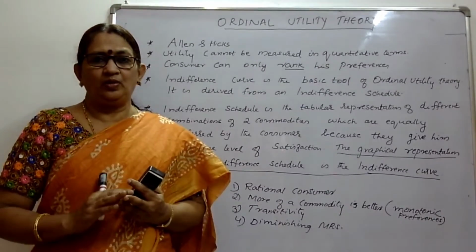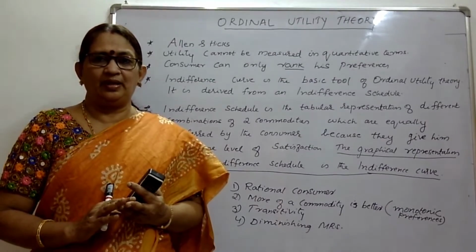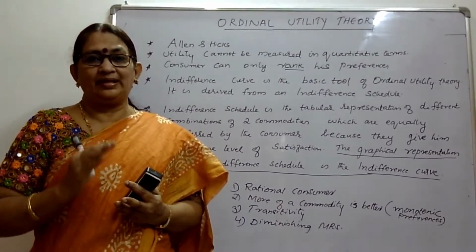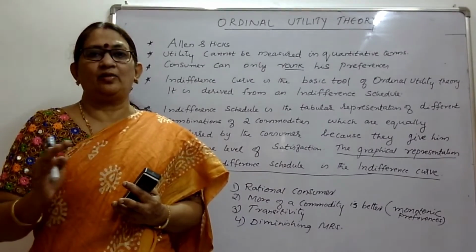The second assumption is that more of a good is better. That means if 2 commodities are given to the consumer, he will prefer more of both commodities, or more of at least one commodity and not less of the other.